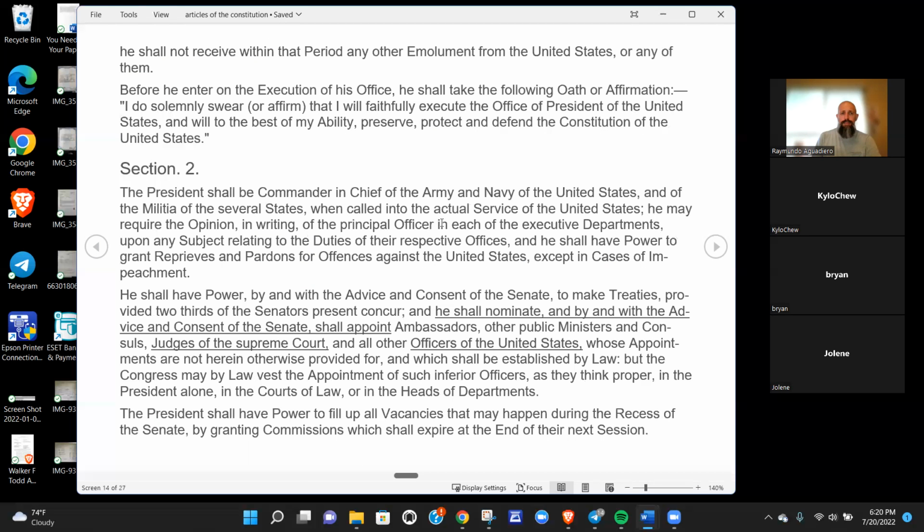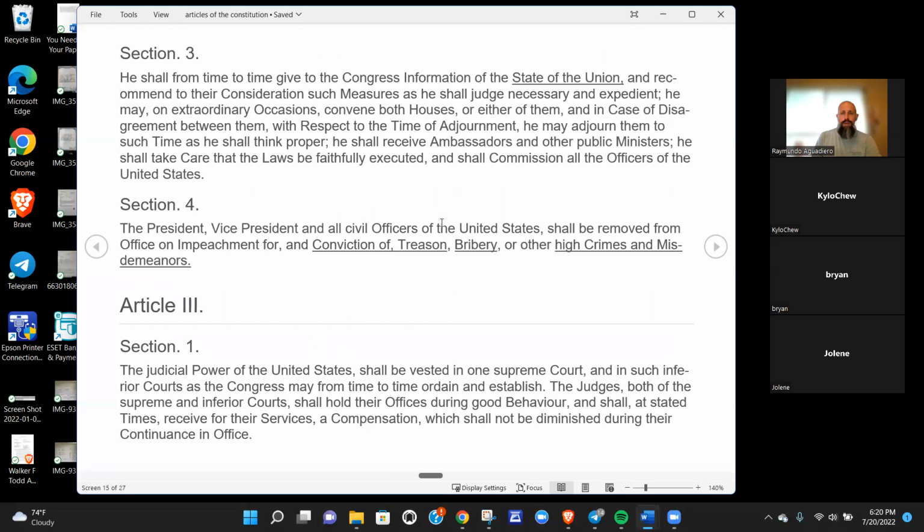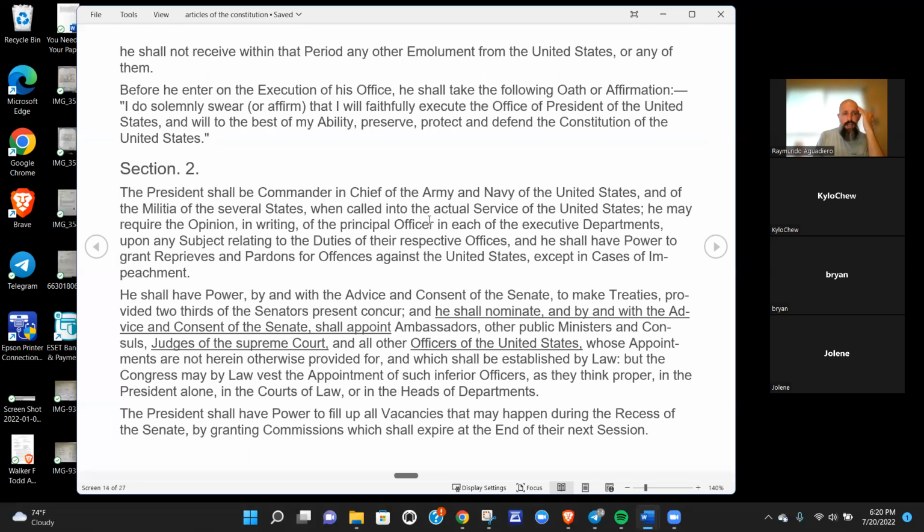Right, but what if the executive orders are contradictory to, say, preserve and protect? I'm looking at where it says he's got the authority to write those executive orders. Right at the beginning of Article 2, Section 1.